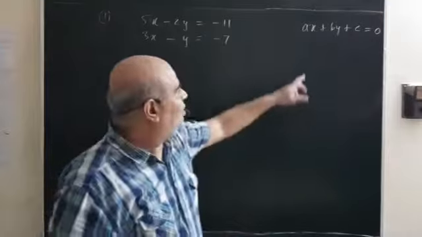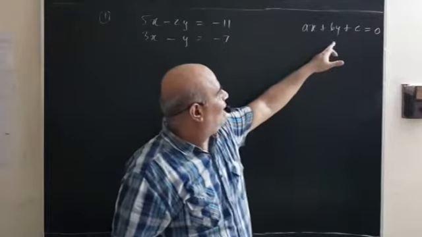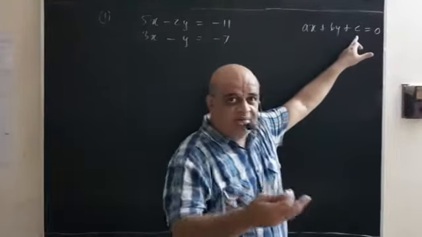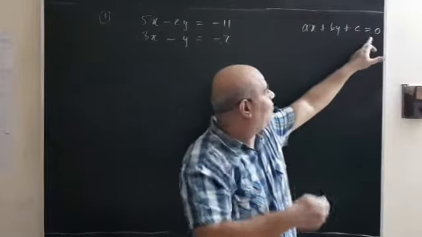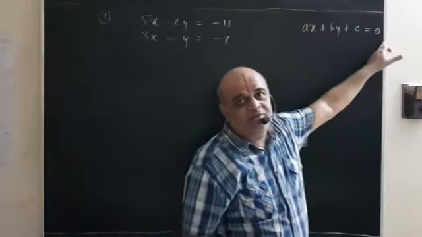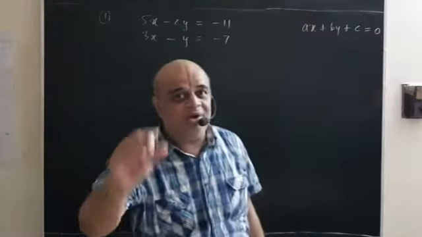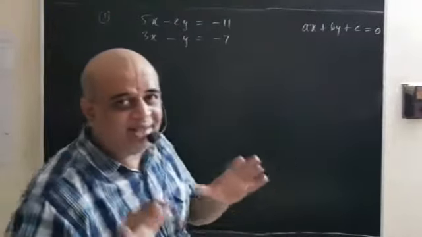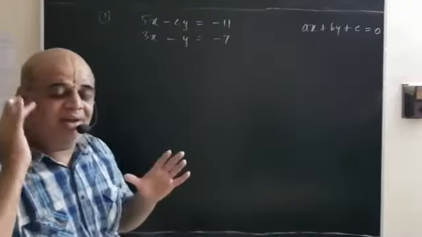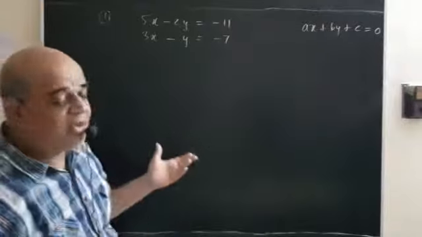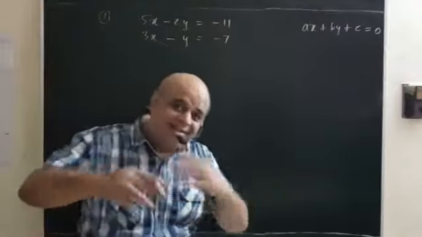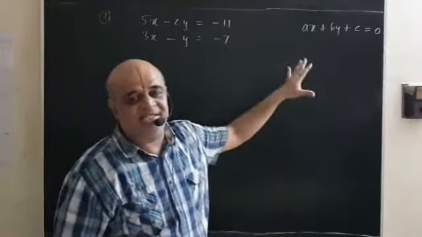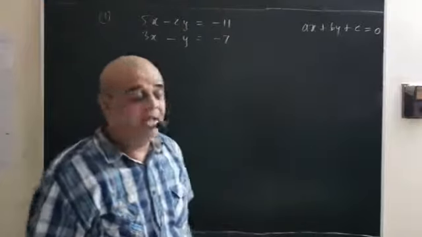In other words, you will have an x term, you will have a y term, and the constant term also will be along with them, followed by equal to, followed by 0 on the RHS side. That is the standard form of a linear equation. Even though a linear equation can be written in various forms, this is considered as a standard form.